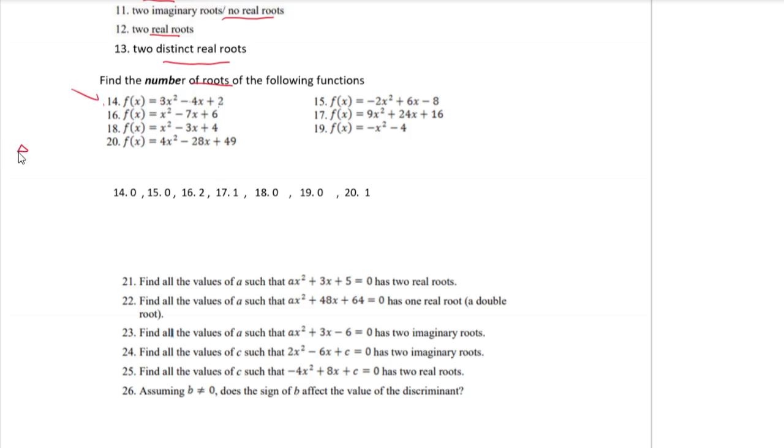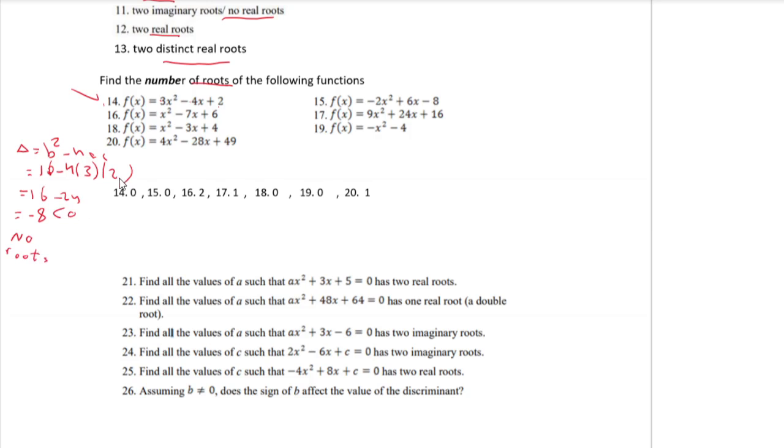Let me solve it here. b squared minus 4ac equals negative 4 squared, which is 16, minus 4 times 3 times 2, which is 24. So 16 minus 24 is negative 8, so no roots. Delta is negative, no roots.